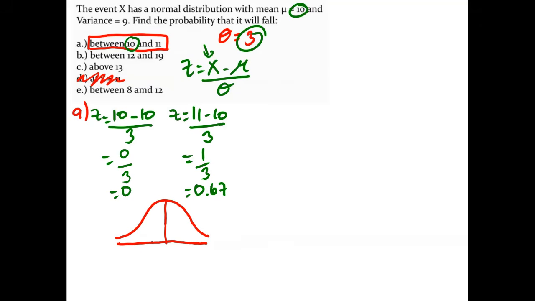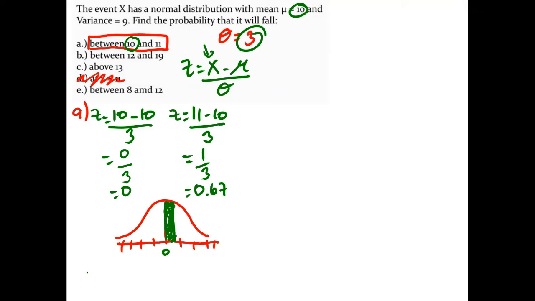So 1, 2, 3, 4. 1, 2, 3, 4. So, nasan yung 0? Dito sa mean natin. And 0.67 nandito mismo. Okay, so this is our shaded part.